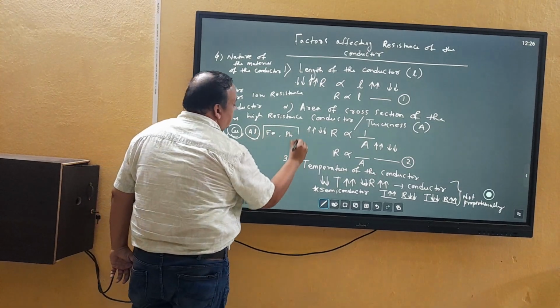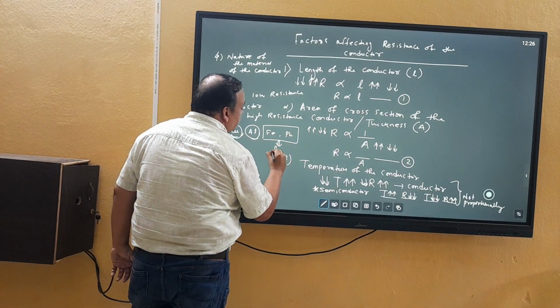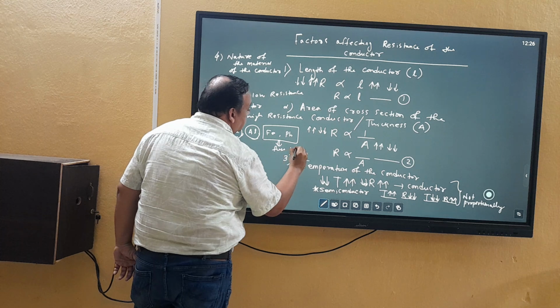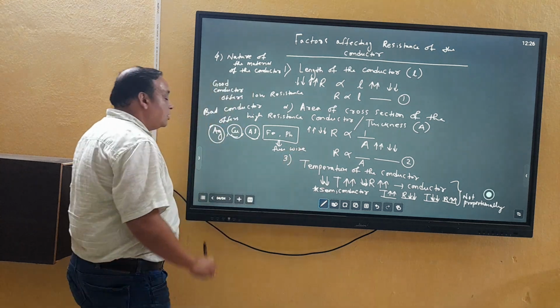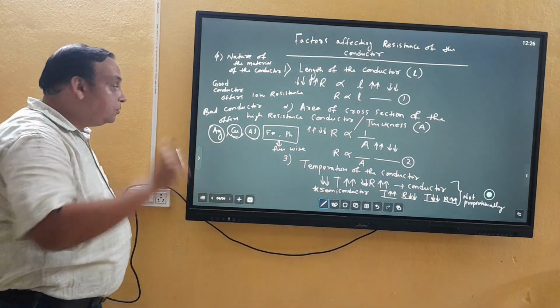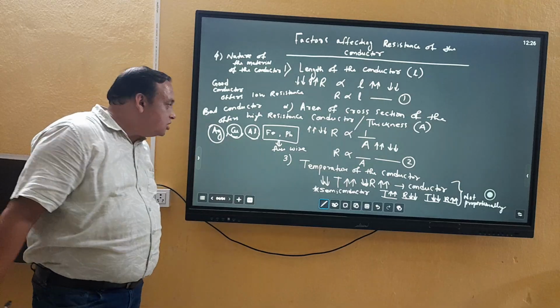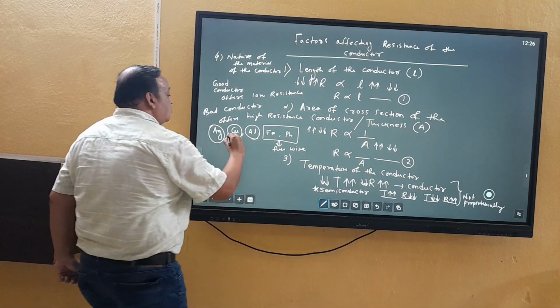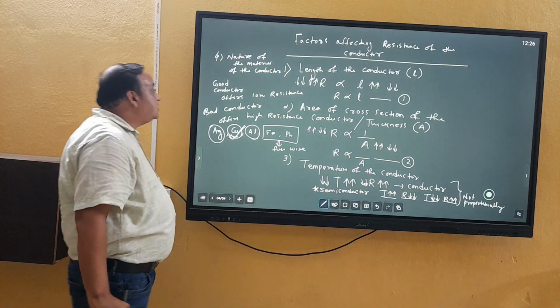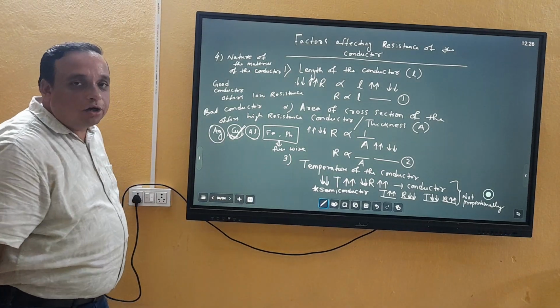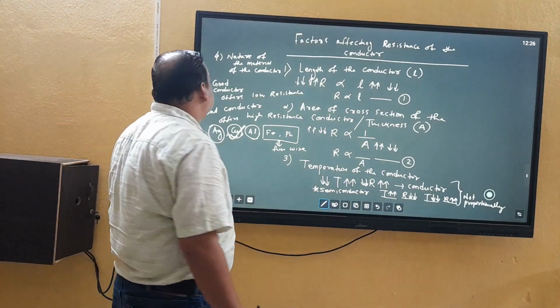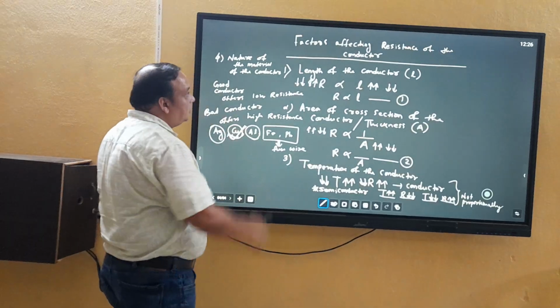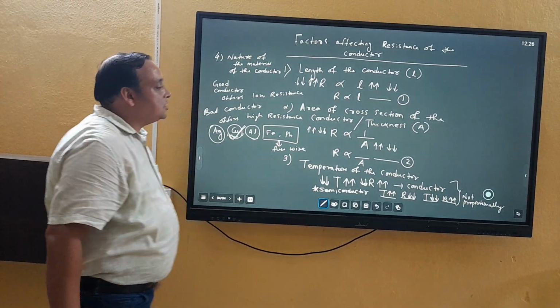Iron and lead are used for making fuse wire. Copper is used for wiring purposes. Silver is very costly, so you cannot use it for wiring in homes. So we mostly use copper, a good conductor having low resistance. Okay. So these are the 4 factors which are affecting resistance of the conductor.